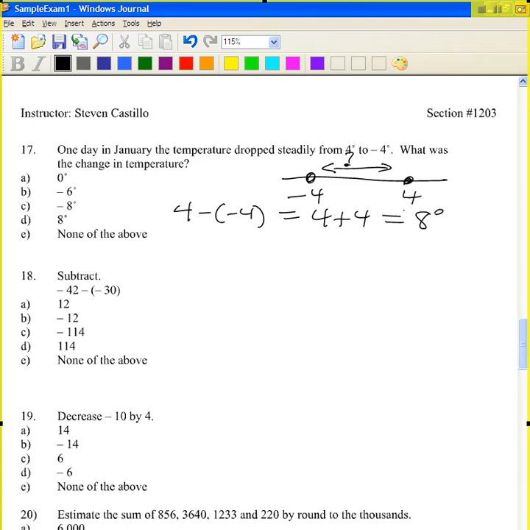And so it changed. Oh, wait. It dropped steadily. So the distance is 8, but it dropped 8 degrees. So therefore, it's a negative 8.